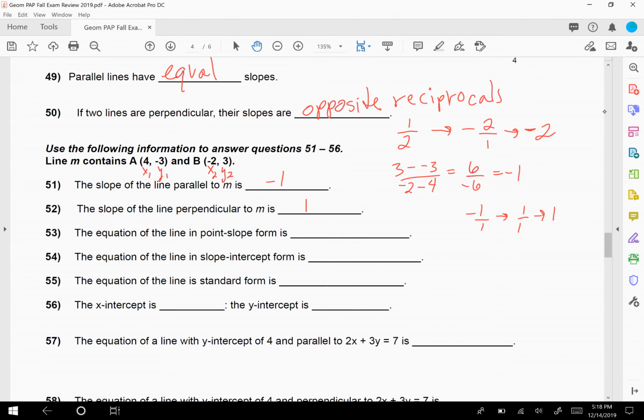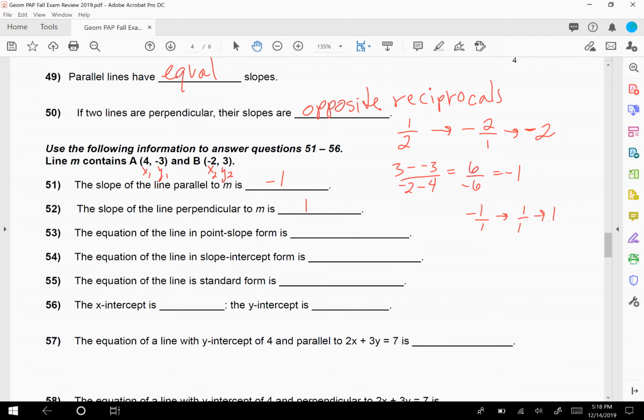All right, the equation of the line in point-slope form. All we have to do is take our original slope and write the equation of our line. All you need is a point and a slope.